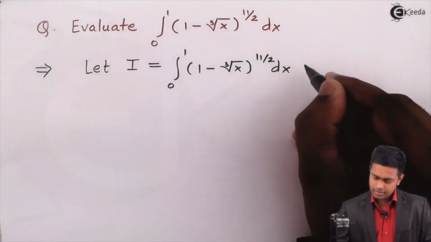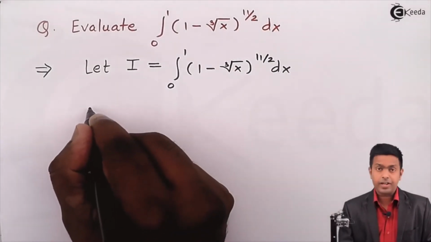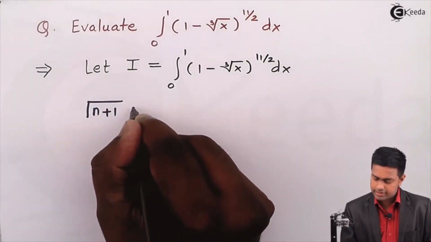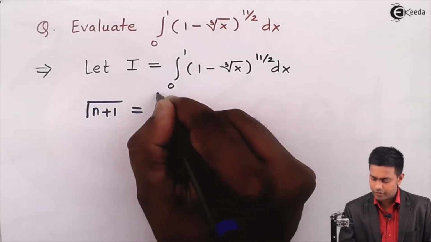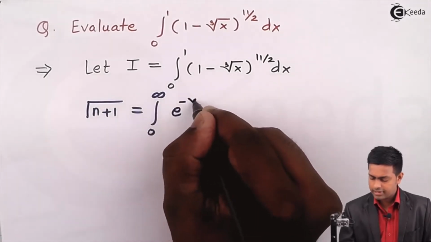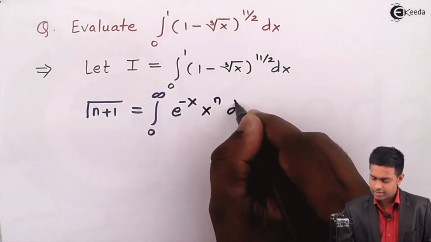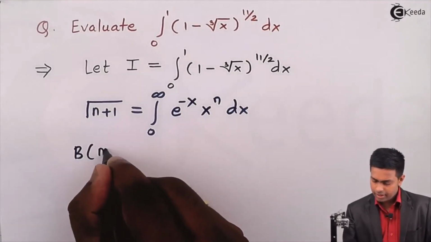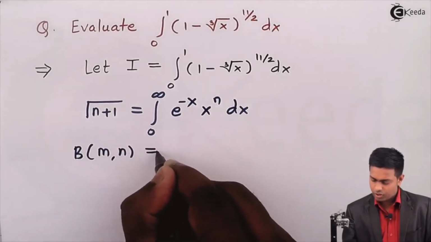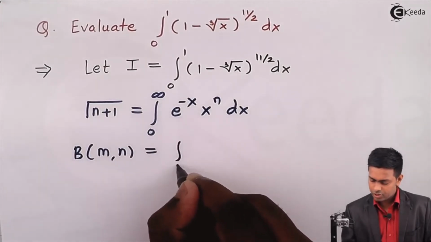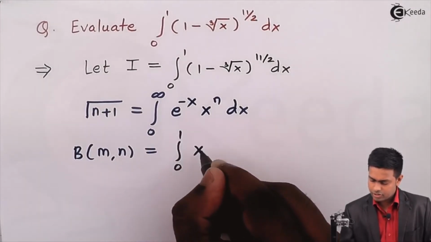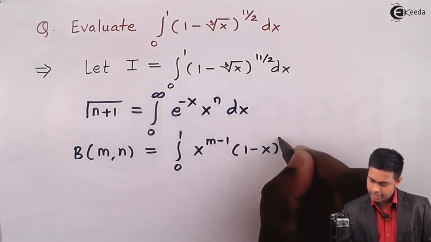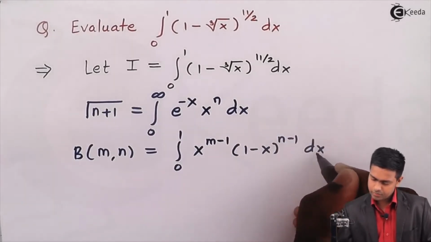So let's say this is the definition of gamma function, which is gamma n plus 1 is equal to integration 0 to infinity e raised to minus x, x raised to n dx. And the definition of beta function, that is beta m comma n is equal to integration 0 to 1 x raised to m minus 1, 1 minus x raised to n minus 1 dx.